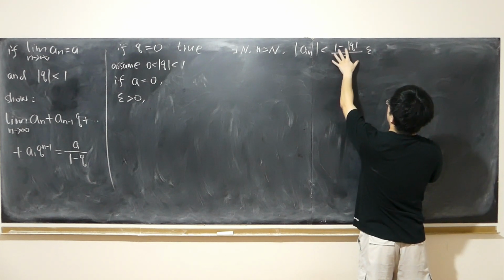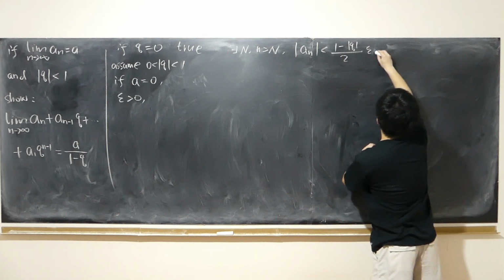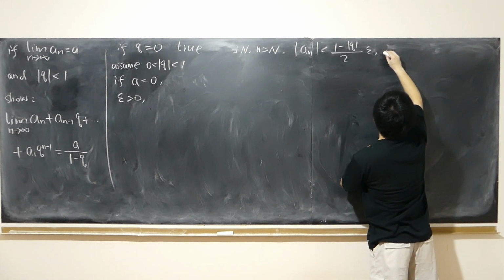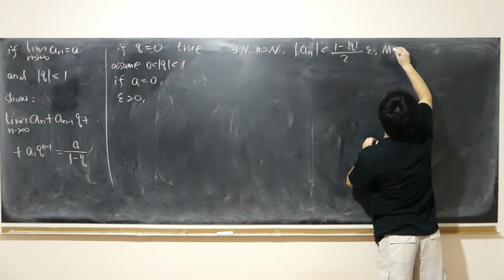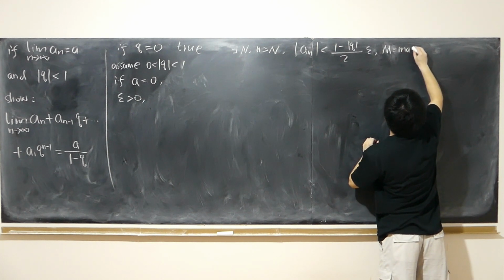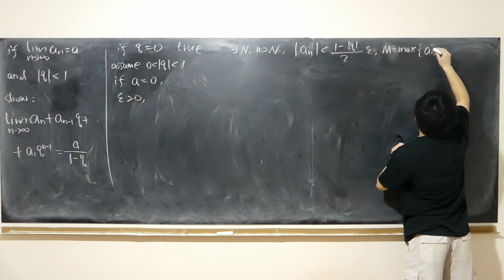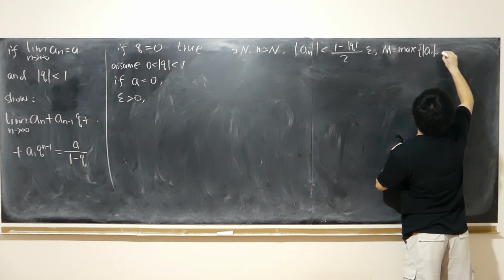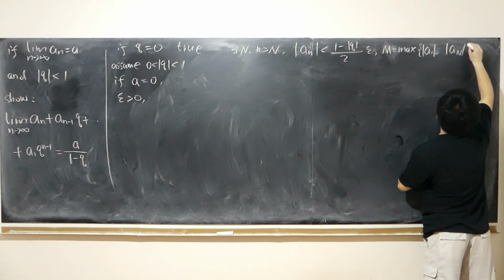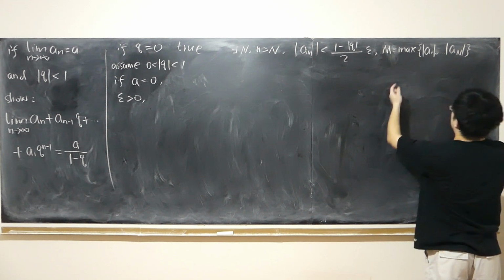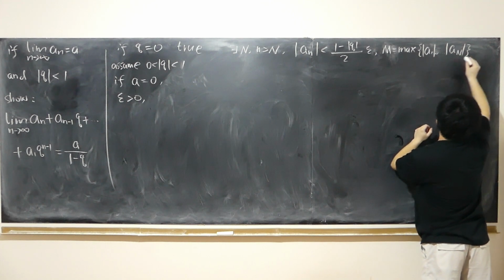So notice that the whole thing is still positive. Then I'm going to denote capital M to be the maximum of the absolute values of a_1 all the way to a_N, because there's only finitely many of them, so the maximum of those guys, plus 1.